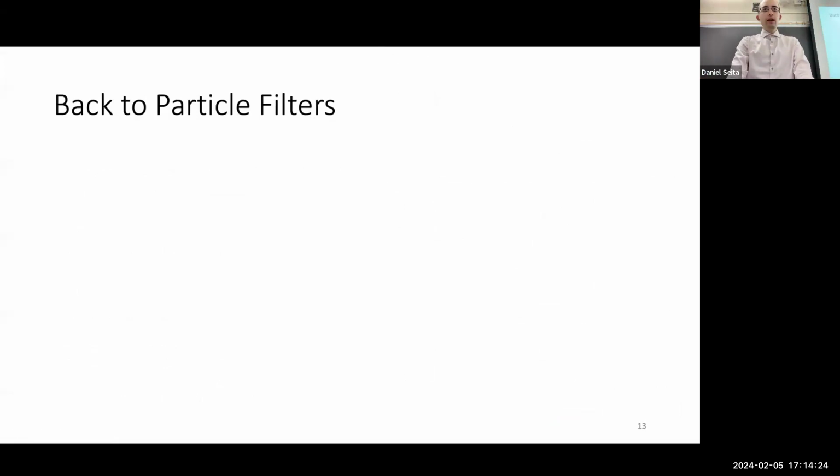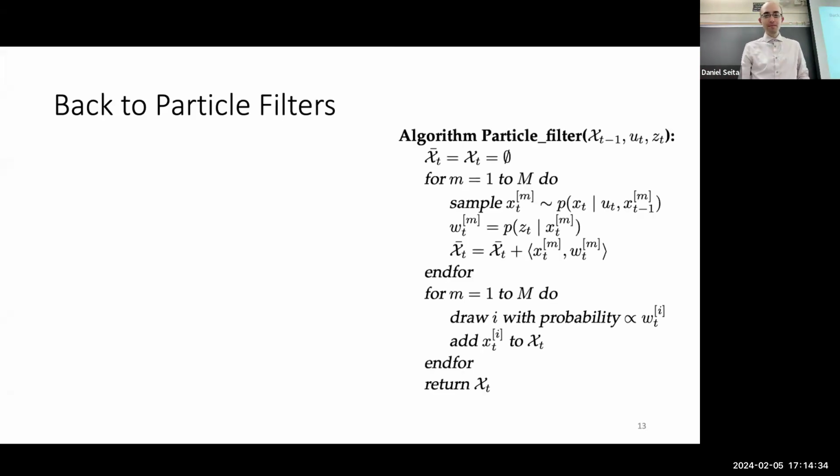All right. So now let's take a look at particle filters, and then we can go through some examples of how each particle moves. So this is the algorithm. I'm going to keep this for a few slides so that you can look at it more. Then we'll go through the different steps here.